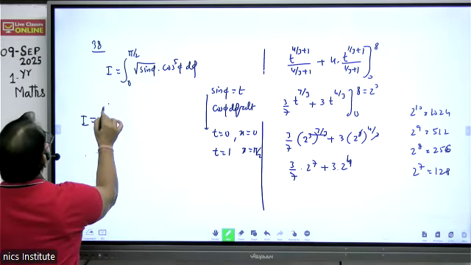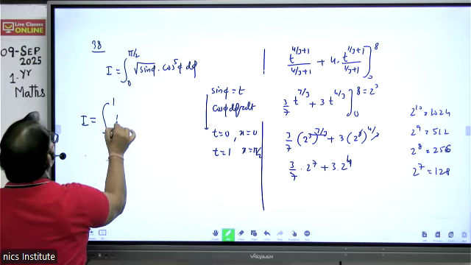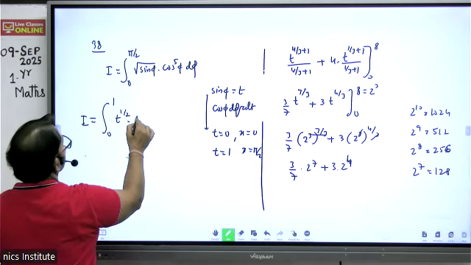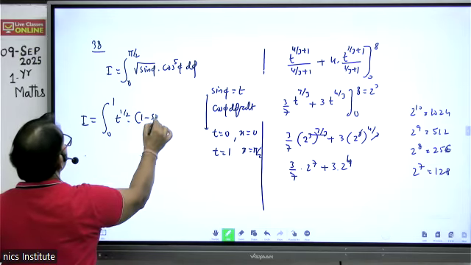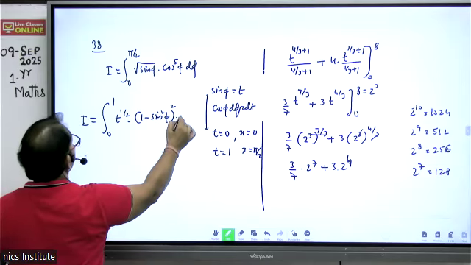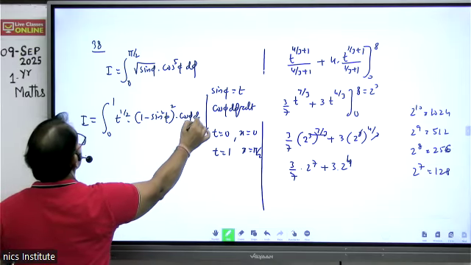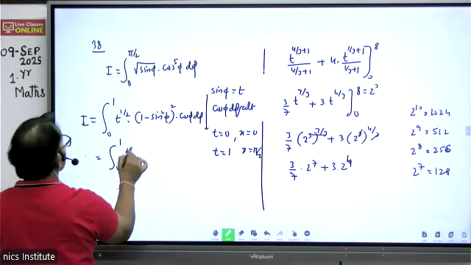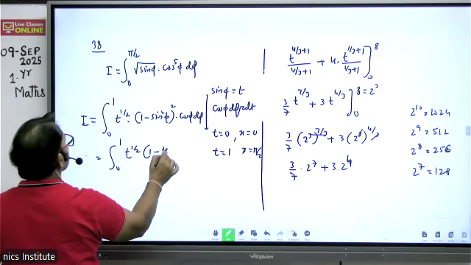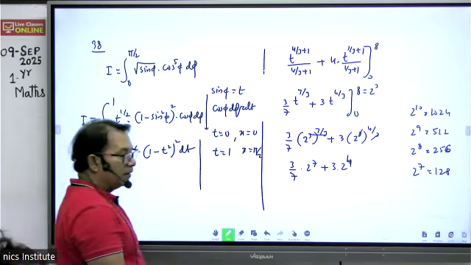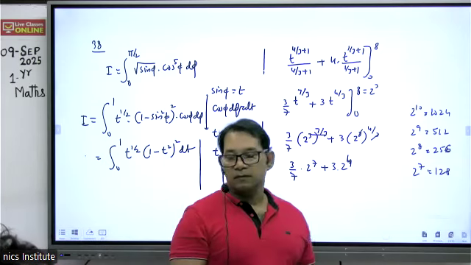So it would be 0 to 1, t raised to power half. Cos to the power 4, you can write as cos square, which is 1 minus sine square phi, whole square, cos phi d phi. And then open the bracket and then integrate and put the limits.